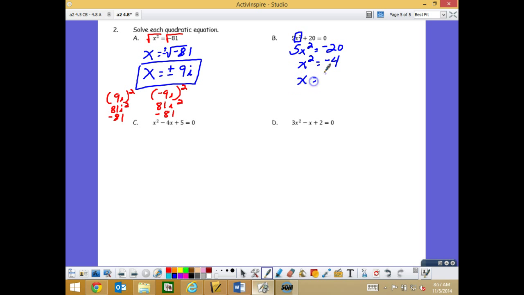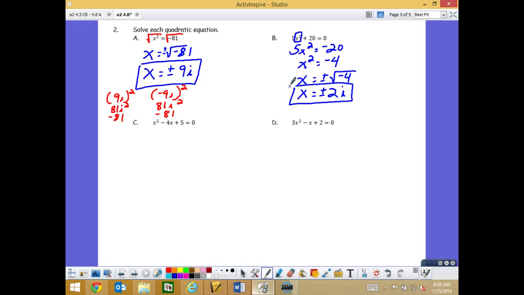So therefore, x is equal to plus or minus the square root of negative 4. Well, the square root of 4 is 2, but because it's the square root of negative 4, we need that i as a piece. So x is equal to plus or minus 2i.